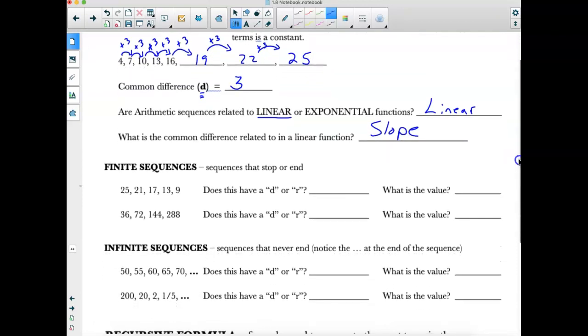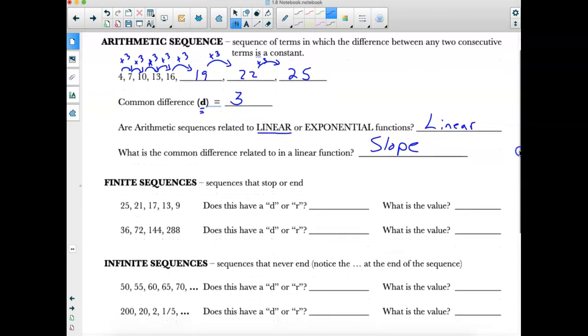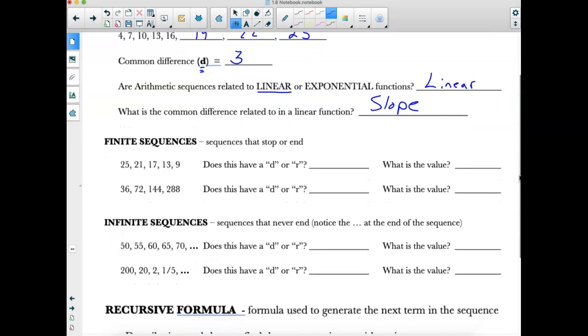So as we're cruising along through here, there's actually a couple types of arithmetic sequences, okay? You have a finite sequence, and that's a sequence that will stop or end. Notice this thing ended. There's 1, 2, 3, 4, 5 terms in there, and it stopped, okay? When I'm looking here, is there anything in common going between this finite sequence? Well, 25 to 21.